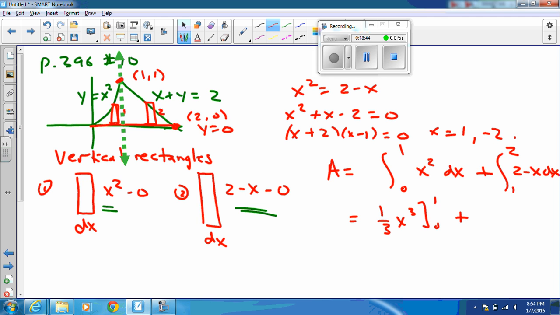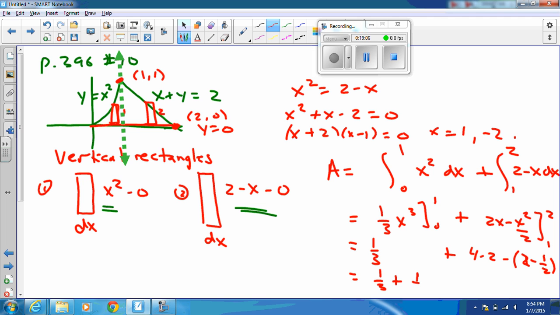Now, there's nothing wrong with this. In fact, the evaluation is pretty simple. We get 1/3 for this integral, and we get 4 minus 2 minus 2 minus a half.